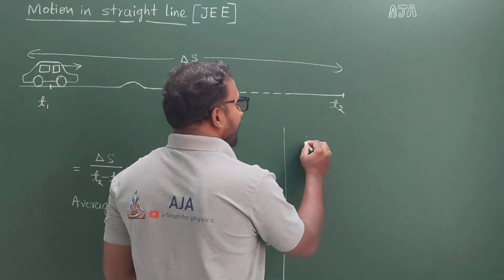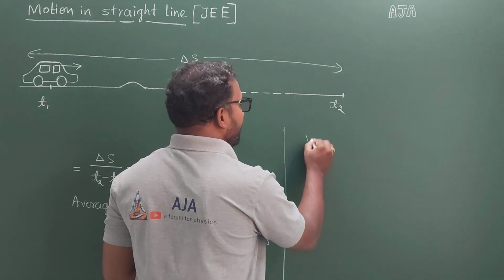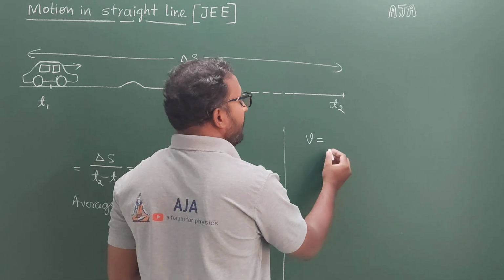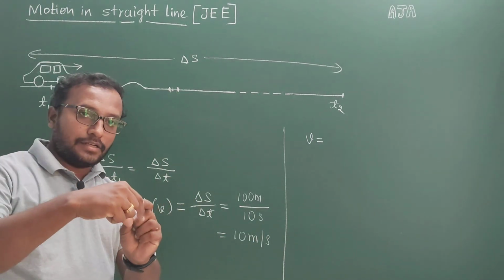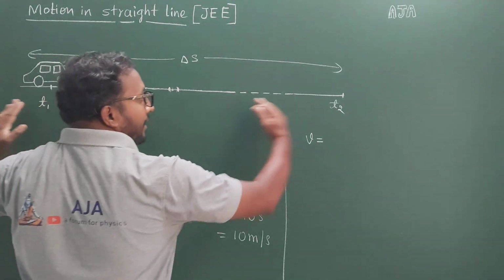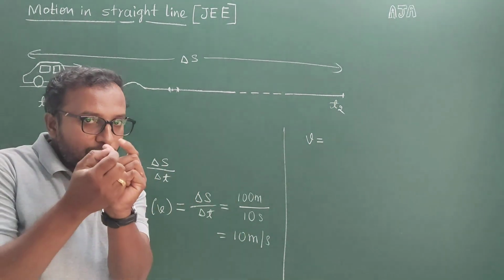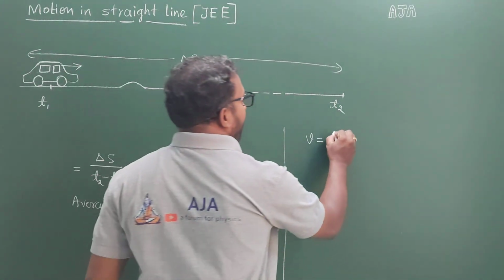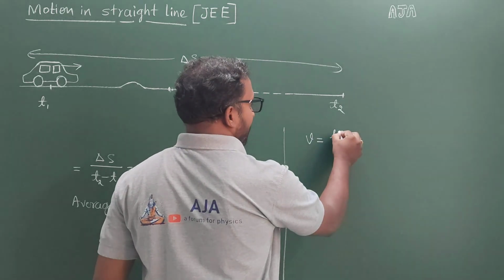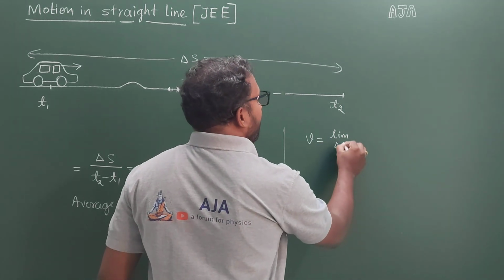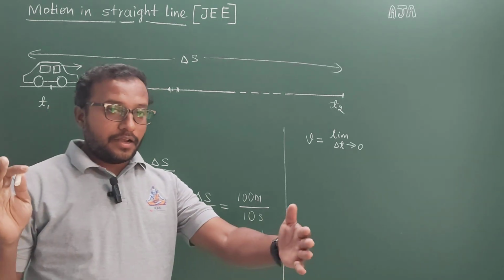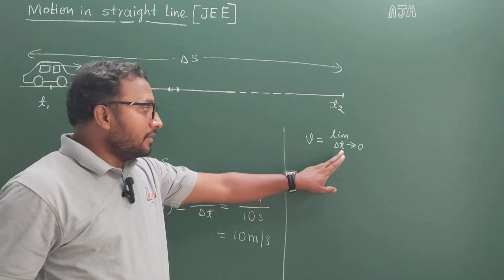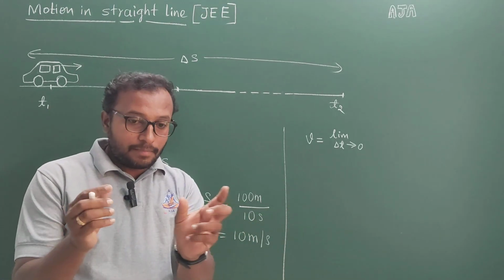So let us calculate instantaneous speed. I will write speed is equal to, what I said about instantaneous is at a particular instant. That means we are not considering the entire time interval, but the time interval is going to be very short. So therefore, I will use this way: limit delta t tending to 0. Delta t tending to 0 means the time interval is not equal to 0, but it is approaching 0.